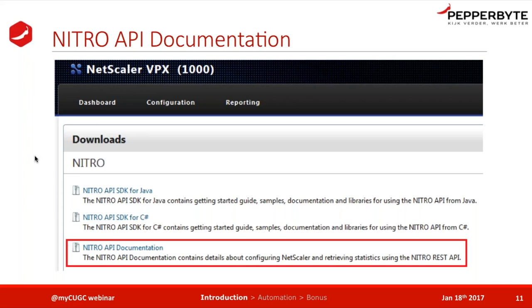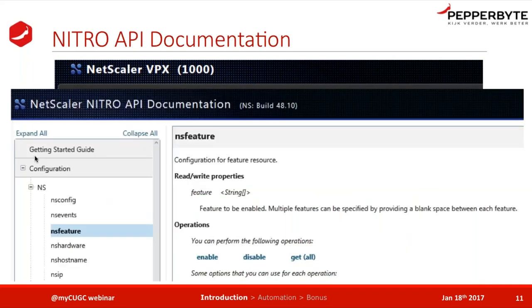But there is some more information out there that you might consider when you want to start with your NITRO adventures. Make sure that you check out the NITRO API documentation that is downloadable from your NetScaler, because this documentation gives you detailed information on all the resource types that you can use if you want to do the configuration of your NetScaler.